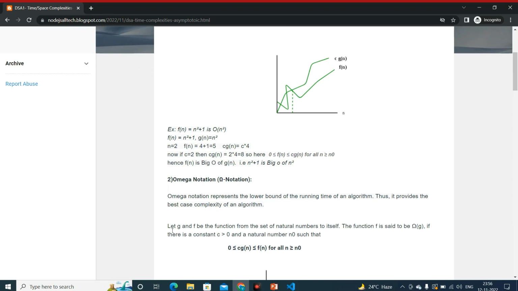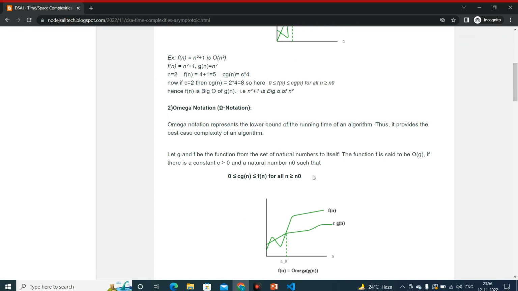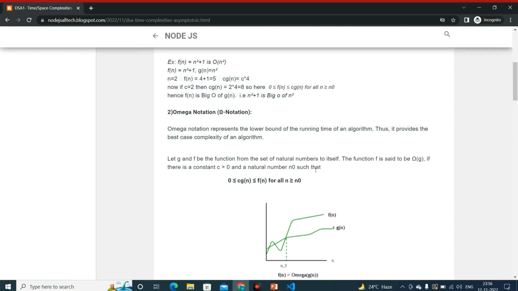The function f is said to be omega of g if there is a constant c and a natural number n0 such that c g of n lies between 0 and f of n. Again, I think the definition is not that clear. So again, we have to find the values of c and n0 such that c g of n should lie between 0 and f of n.